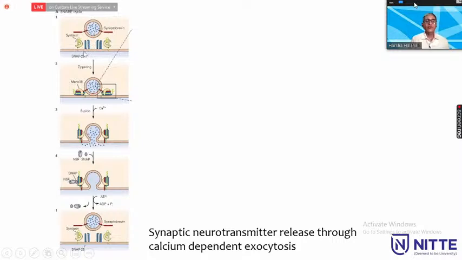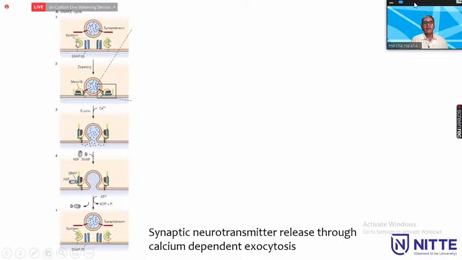There is an increasing amount of information about how docking of synaptic vesicles actually happens. For example, there are proteins called syntaxin and SNAP25 on the cell membrane, and there is a protein called synaptobrevin in the synaptic vesicle.